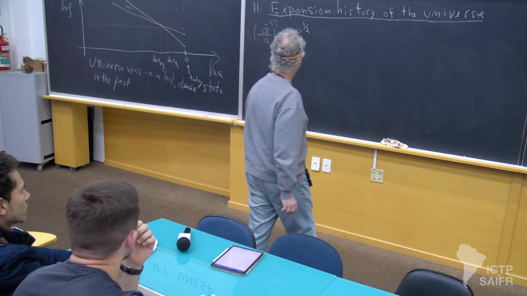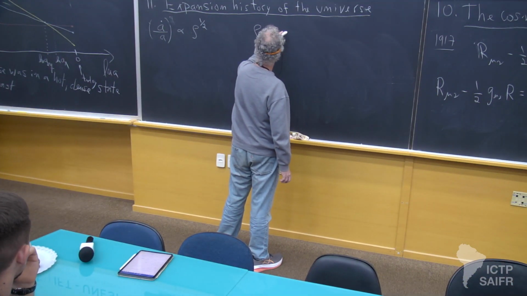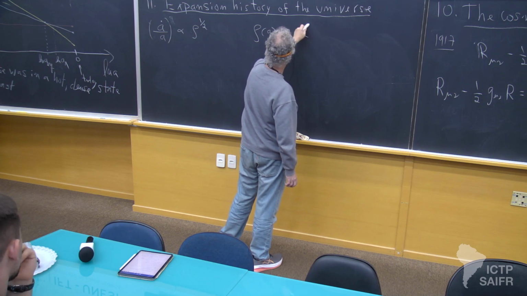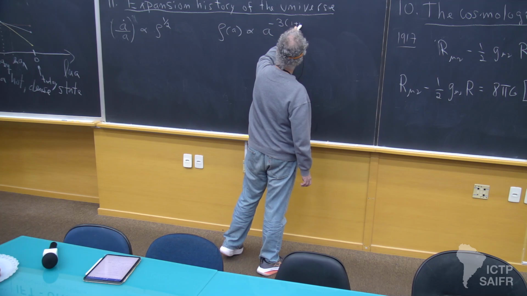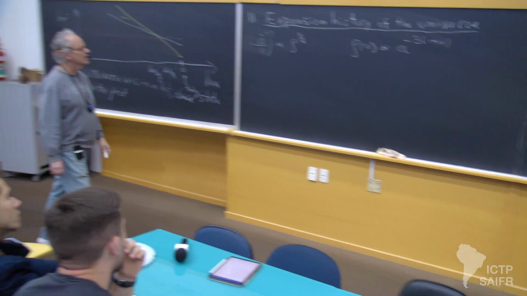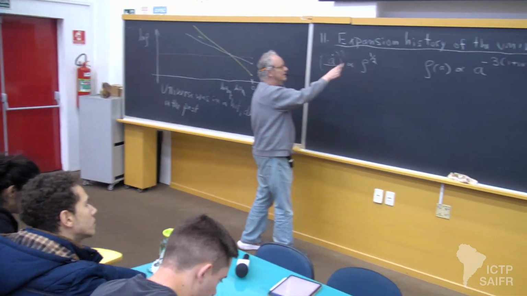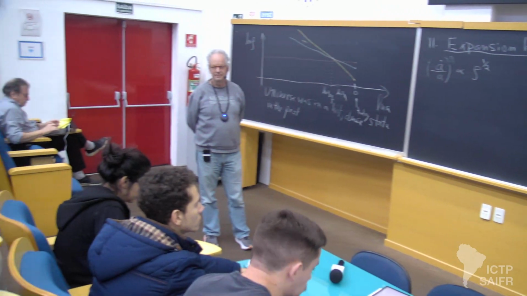We know that for a fluid with a certain equation of state, the energy density is proportional to a to the minus 3 times (1 plus the equation of state). We just derived that. So we will use this in this equation and see how we will solve it for the scale factor.